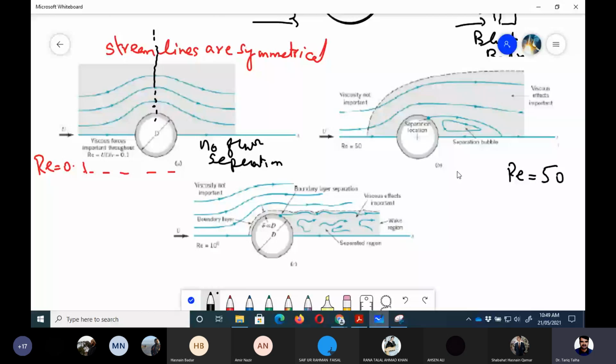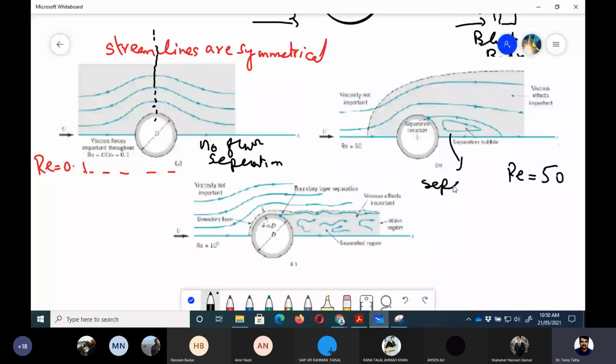In this case, first of all, streamlines are no more symmetrical. On the front we have a streamline like this, and on the back end there is a flow separation region. We call it a separation bubble.